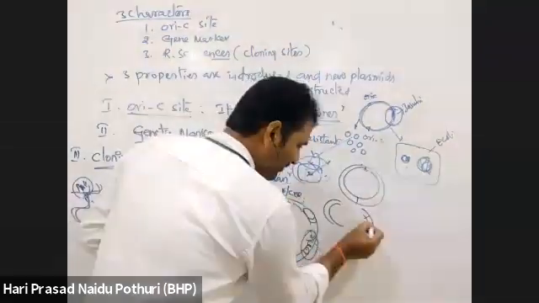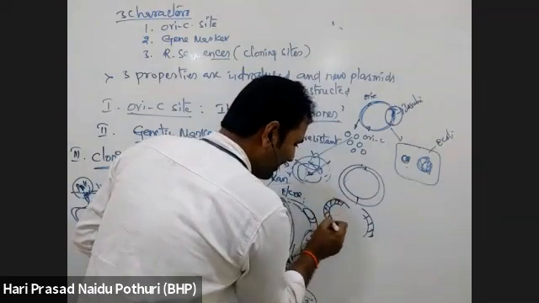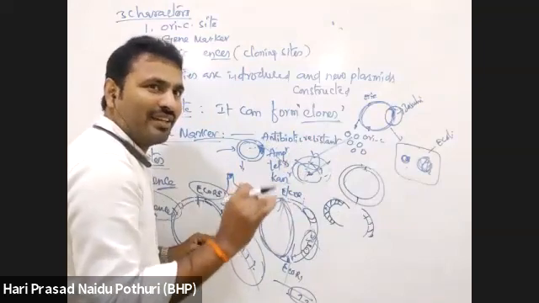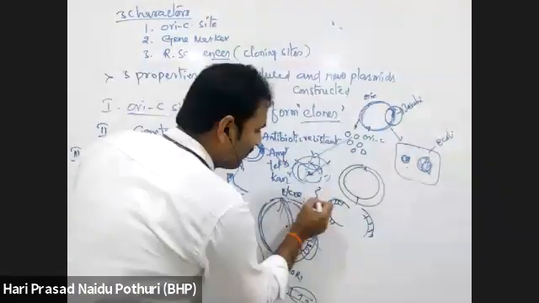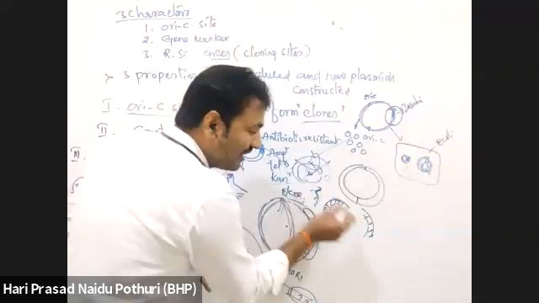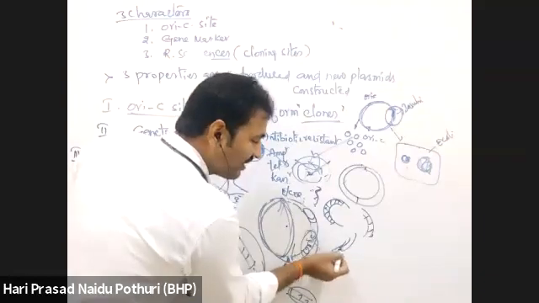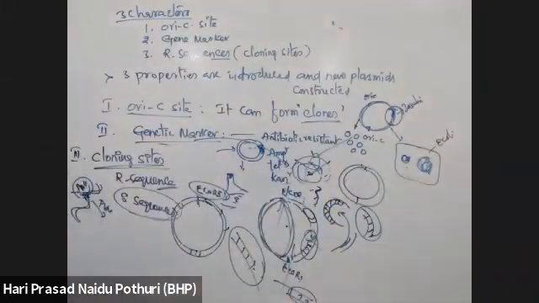Your doubt: if this fragment, there is a chance of joining this again. Okay. If we are cutting the DNA, some DNA we cut now, that DNA also has the same fragments, right? If this is combining with this only, leaving this, how is it possible?